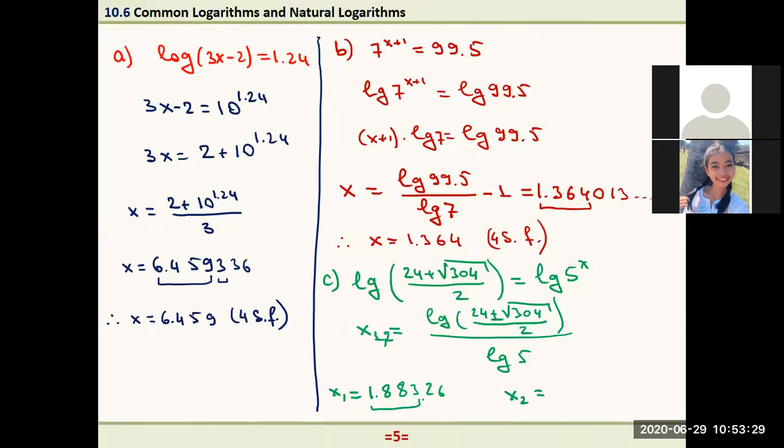So that is the answer. The next digit is less than 5, so we can just remove it. So correct to 4 significant figures.